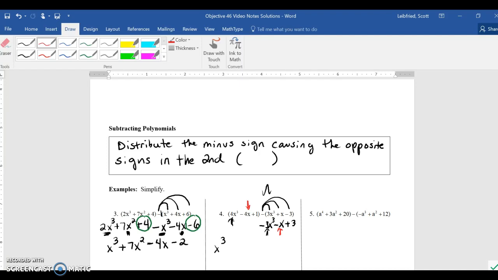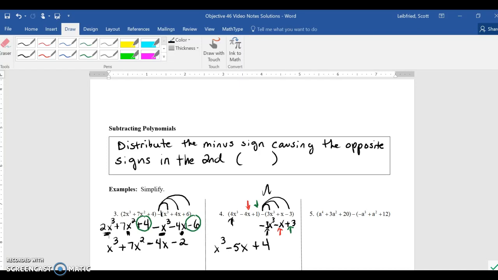So negative 4 minus 1 is going to be negative 5x. And the last one that I have to do is positive 1, positive 3. So 1 plus 3 is 4. That's my final answer, x cubed minus 5x plus 4.